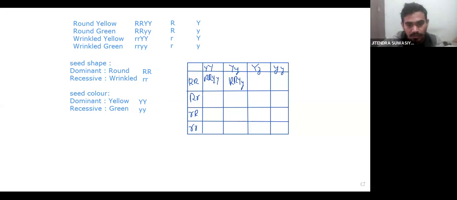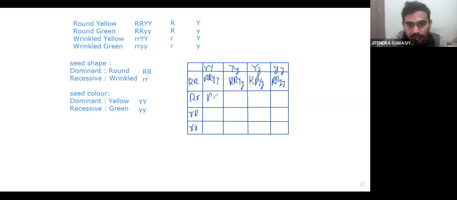Okay, we'll just continue in that way. So then capital R, capital Y, small y, then capital R, small y, small y.